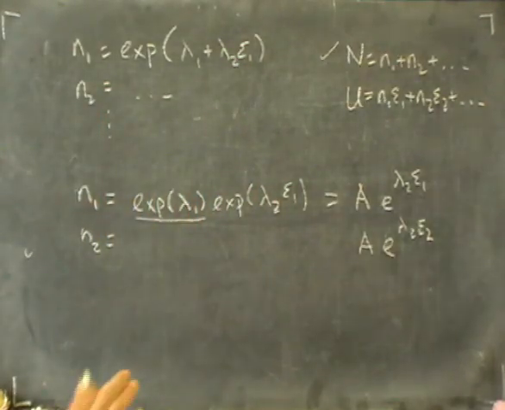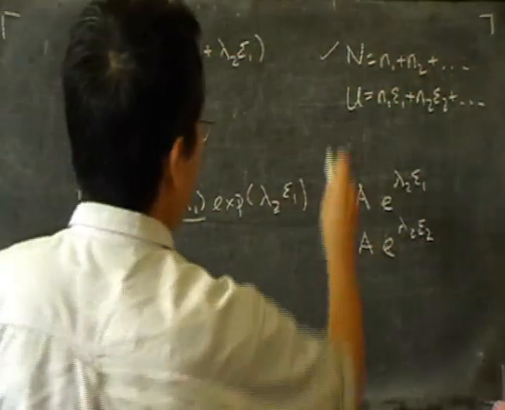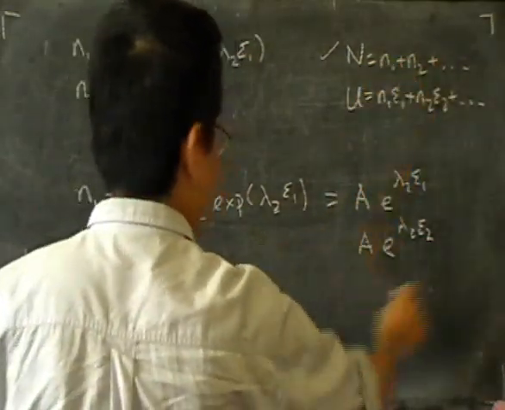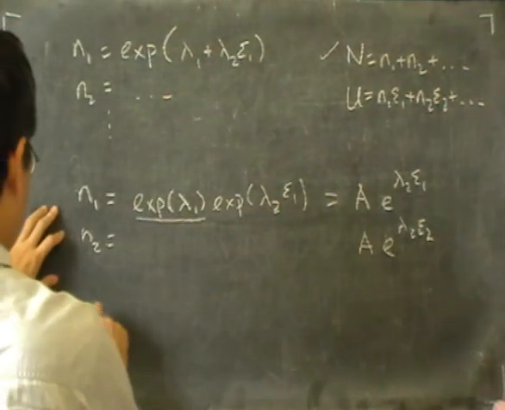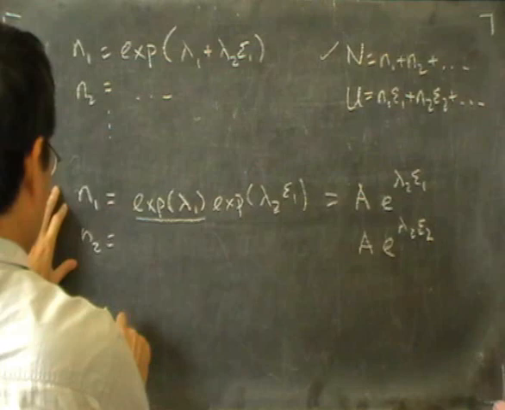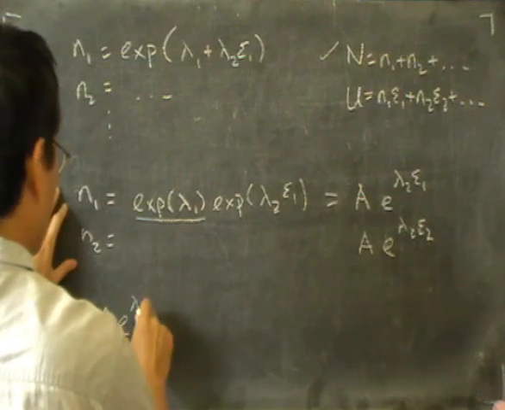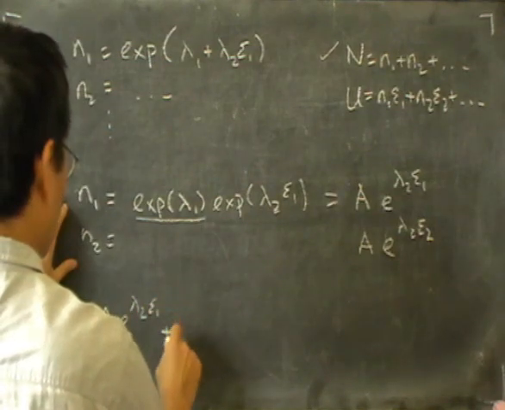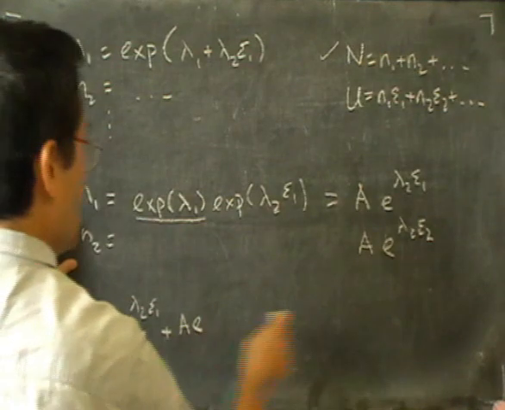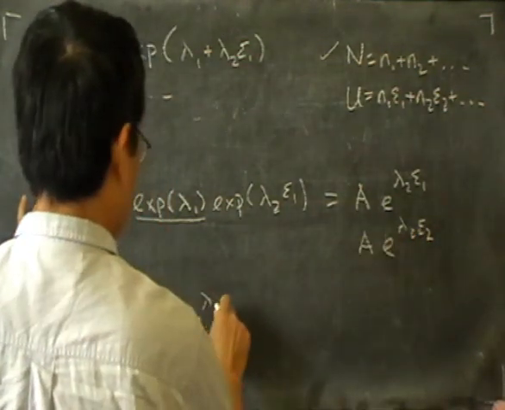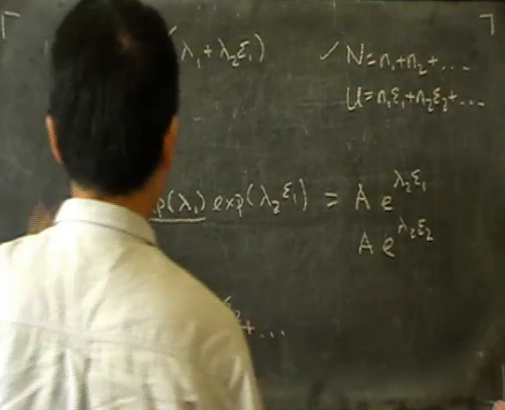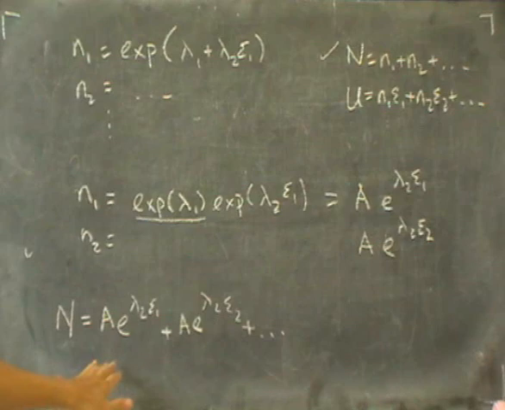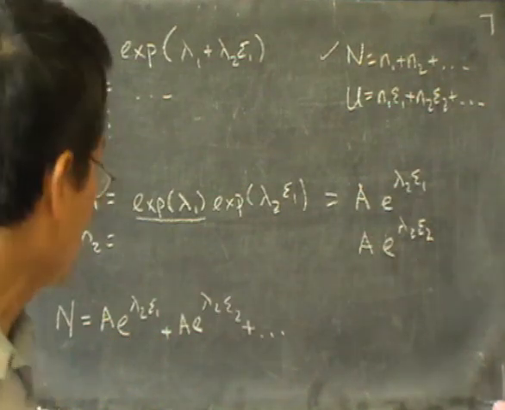Now it becomes obvious once we write it out. So let me write this out after substituting. It would be n is equal to A e to the power of lambda 2 epsilon 1 plus A e to the power of lambda 2 epsilon 2 plus and so on. Now you can see that A is a common factor to all of them.